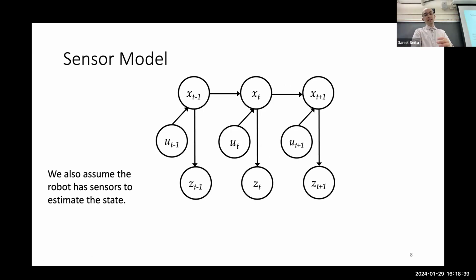Maybe z is information from a camera that you get when you look at something that represents a state. xt is the ground truth state, like the exact position of the robot and the exact position of all the objects it's interacting with. Then you get a camera reading, and the real state affects what you see in your sensor reading. The ground truth state in some sense causes the reading that you'll see in your camera, because if the object changes, you're going to see a different thing in your camera.